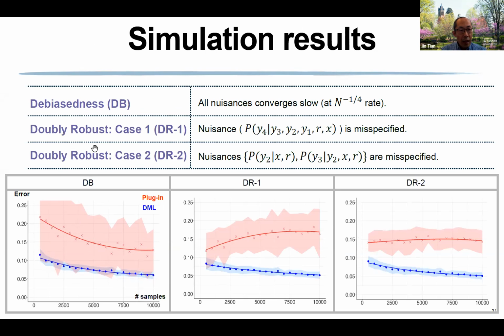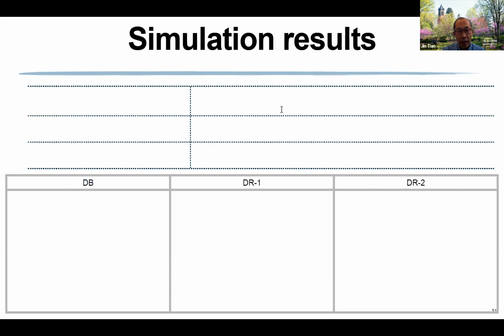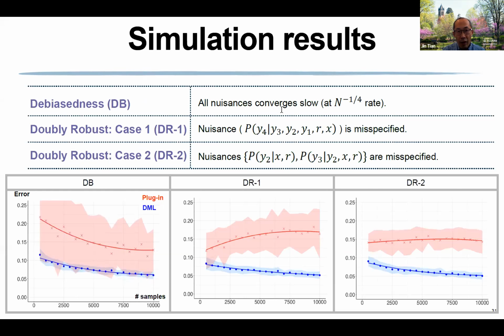Similarly, for the double robustness property, we simulated two situations. One is where this one nuisance is misspecified and all the others are correctly specified. It shows that the plugin estimator has trouble because this nuisance is actually used in the plugin estimator, but our estimator is still okay.